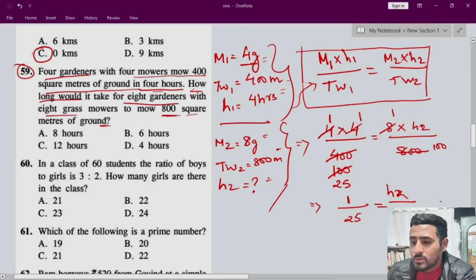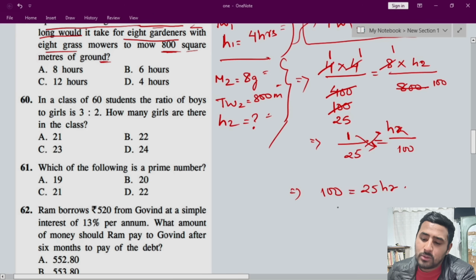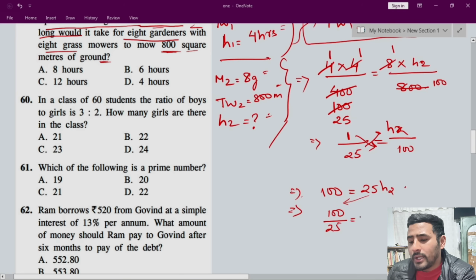100. So start with the cross multiplication. We have 1 into 100 will be 100, and 25 into H2 will be 25 H2. Okay, so we need H2 only. So how we will do it is bring this 25 down. So 100 divided by 25 equals H2.